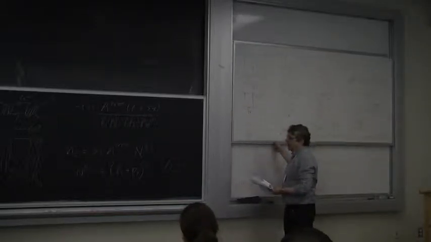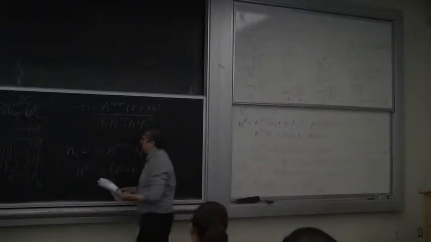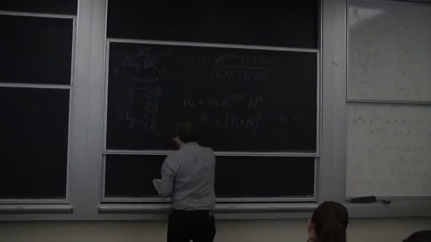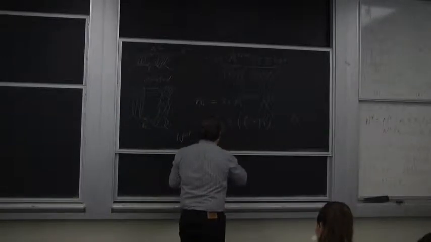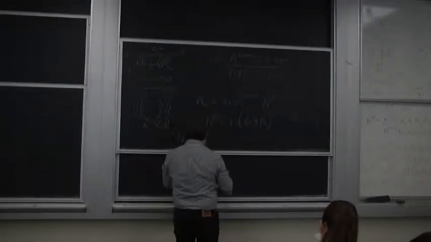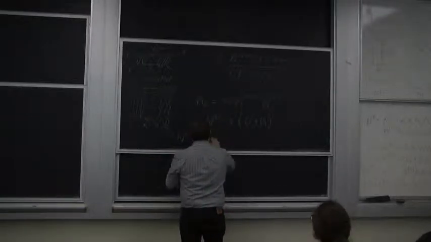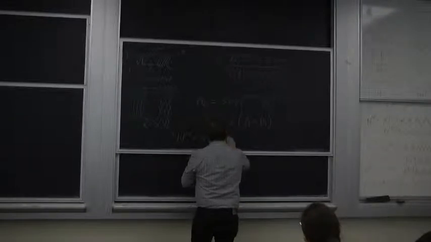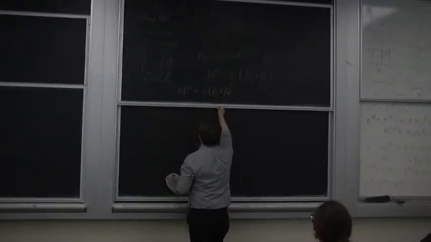So immediately I can write down an ansatz for what this numerator is. Let's just write down that this N_E is equal to this starting point, s(L5 plus P4) squared. Let me just move it.